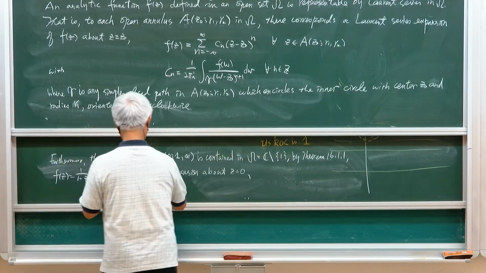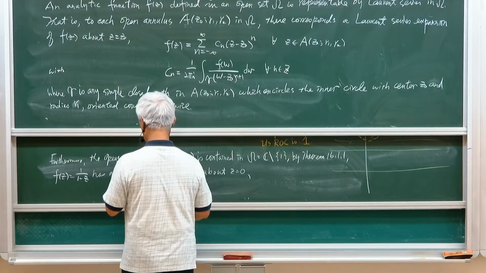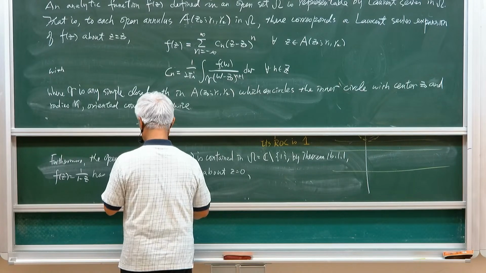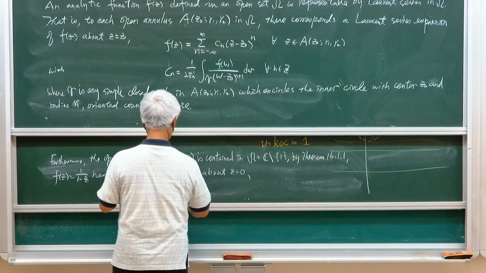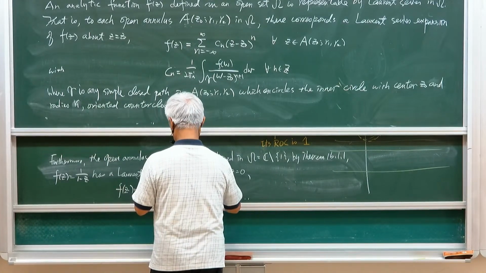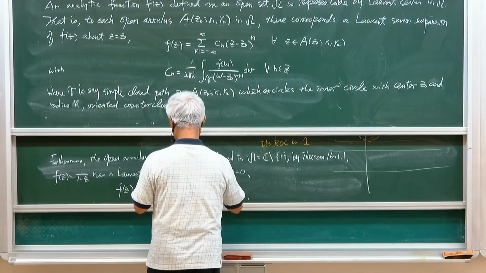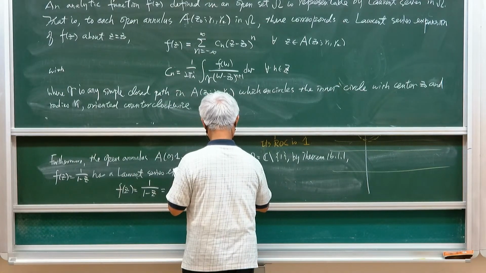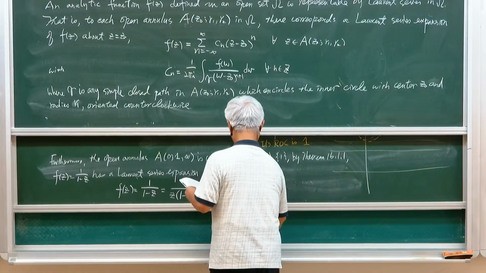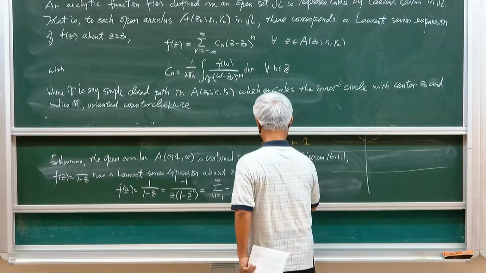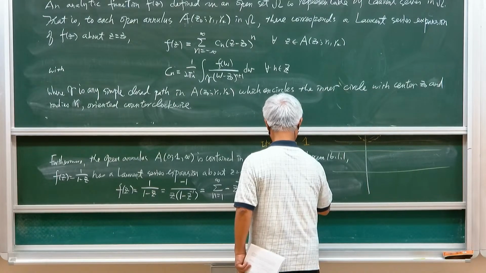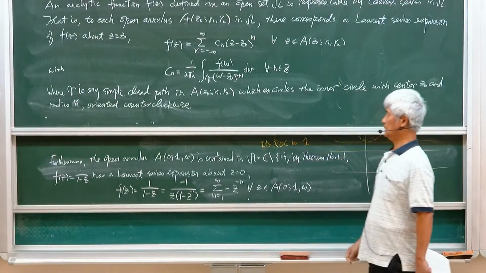You can do it in the following way: it's the sum from n equal to 1 to infinity of z to the minus n, for all z in the open annulus from 1 to infinity.